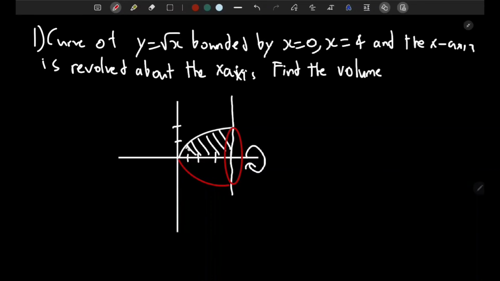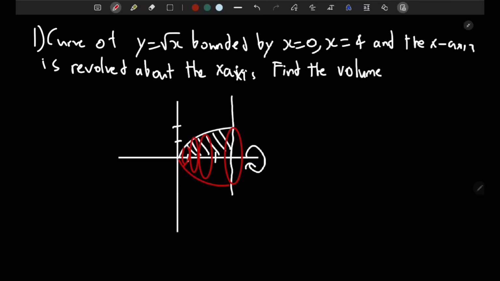Here you will have an infinite number of discs inside. This is one disc, this is the second disc, and so on. This is why the method is called the disk method, since we are finding the area of the small discs inside infinitely through the integration.